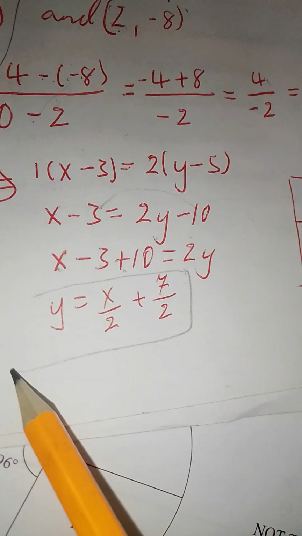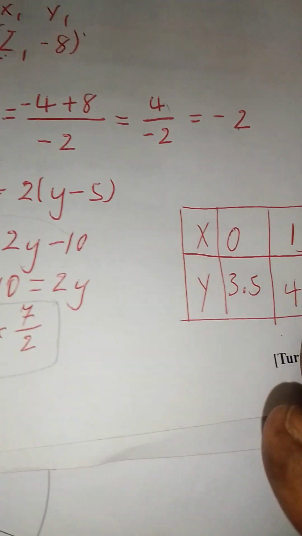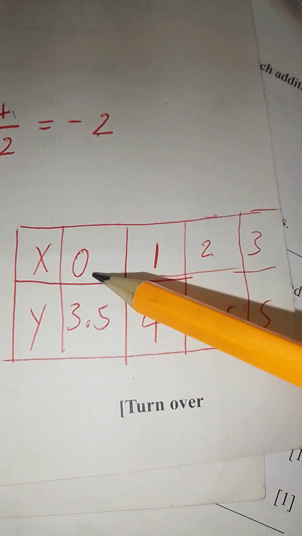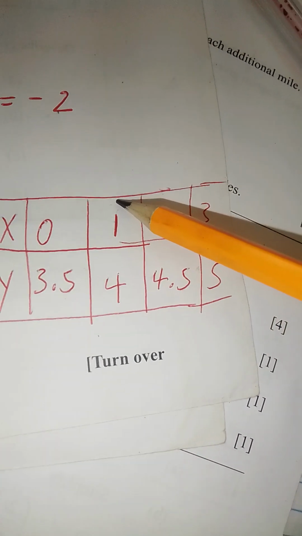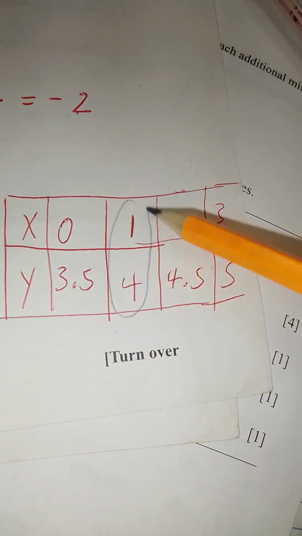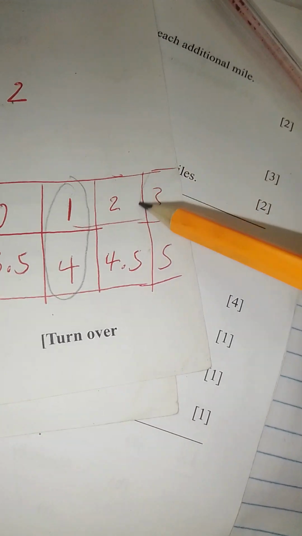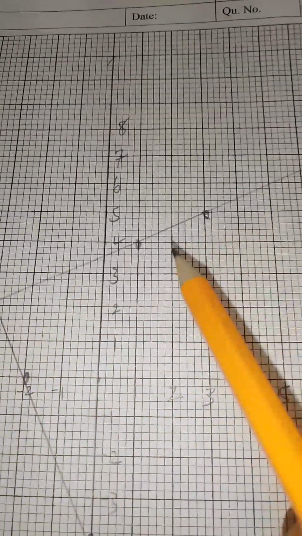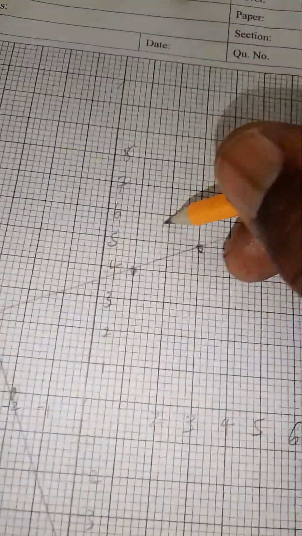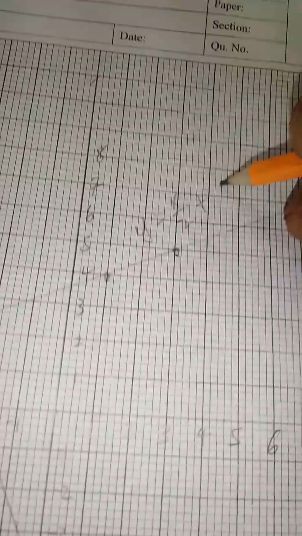Now what I did, I found its value at various points, and it seems like 1 and 3 give us nice numbers. So I plotted these points, and I ended up with this graph right here. This is the equation y is equal to x over 2 plus 3.5, or 7 over 2.